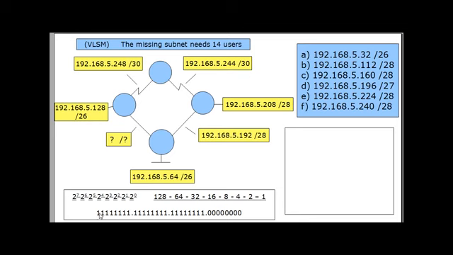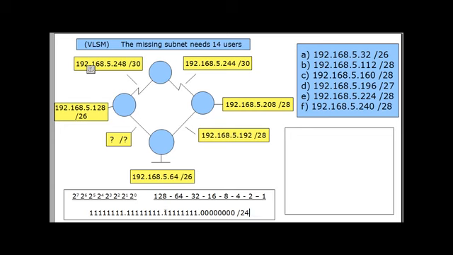Then I've made here a binary subnet mask of 1's and then 0's. These 8 1's is 255, and these 8 1's is 255, and these 8 1's is 255, and then these 0's is 0. So this would be 255.255.255.0, or a /24 subnet mask.